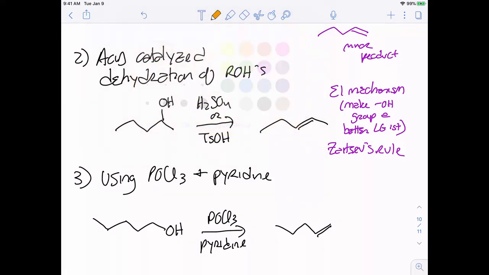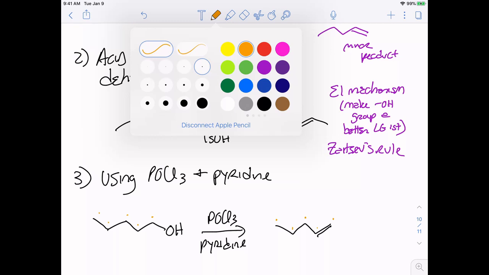So we lost the hydroxyl group and then a hydrogen from here. So I had 1, 2, 3, 4, 5 carbons. 1, 2, 3, 4, 5 carbons. I think I've said this probably a lot, but I'm really bad at losing carbons, so I always have to count them to make sure that I'm not losing carbons or gaining carbons or doing something weird with carbon.